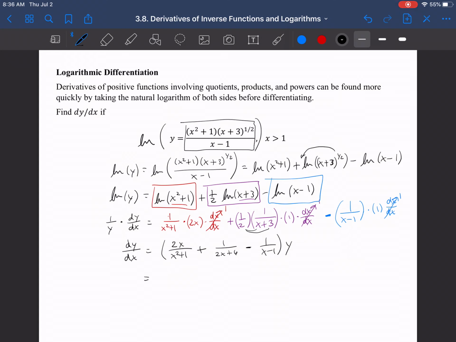So I'm going to just grab this real quick, copy it, paste it, and write this y from up here, what it was: x squared plus 1 times x plus 3, to the 1/2, all over x minus 1, just like that, okay?